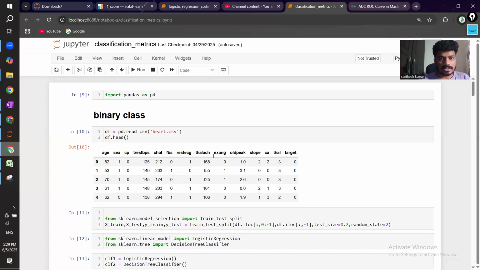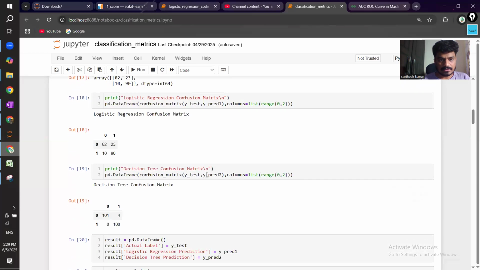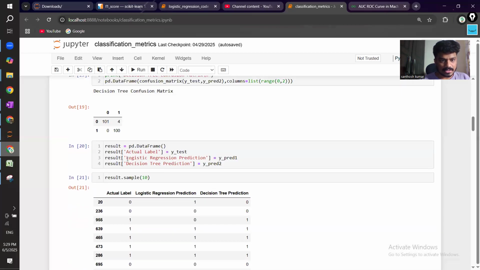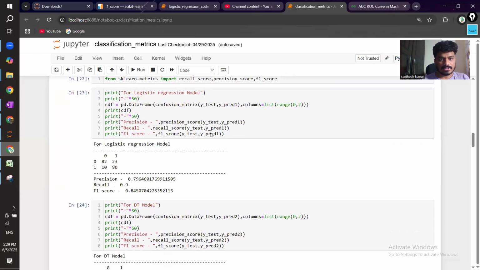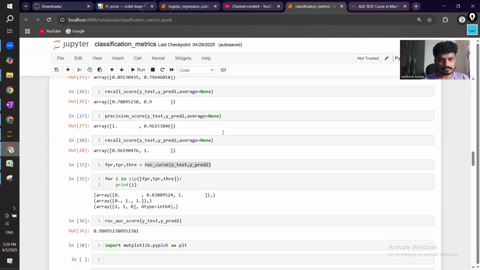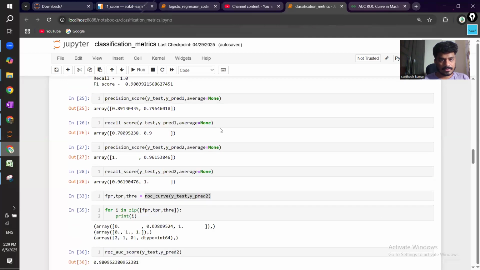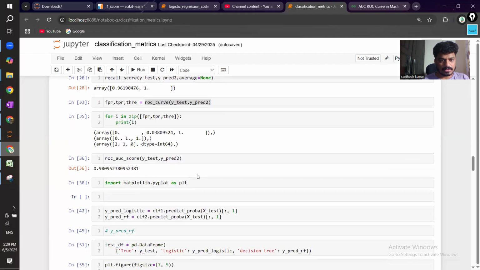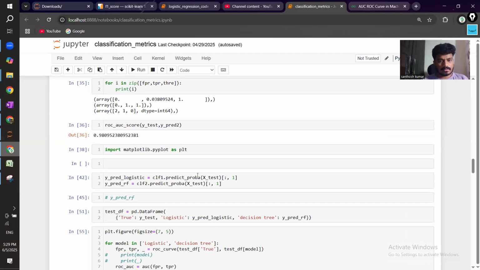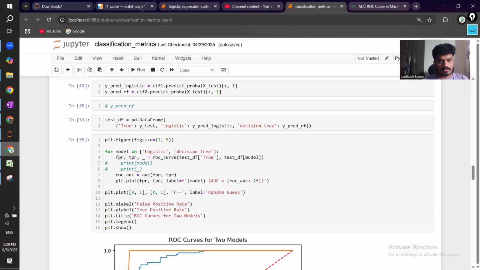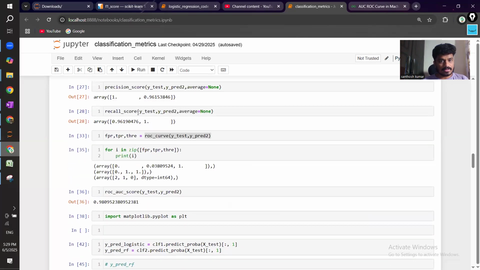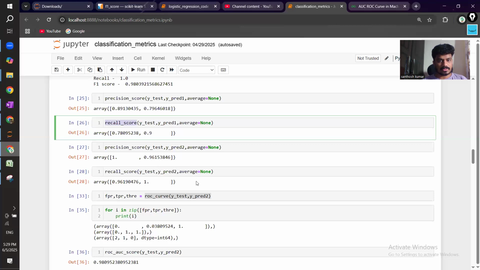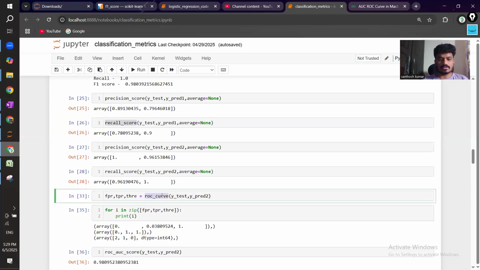Taking today morning's examples of binary classification, we have seen the decision tree and logistic regression examples. Over here we have this for the logistic model: precision score, recall score, and then something called the ROC score.